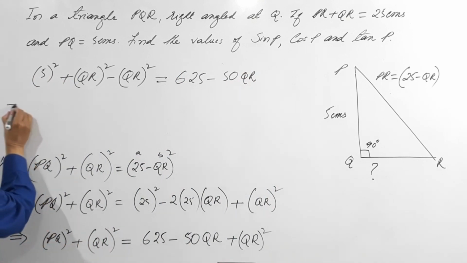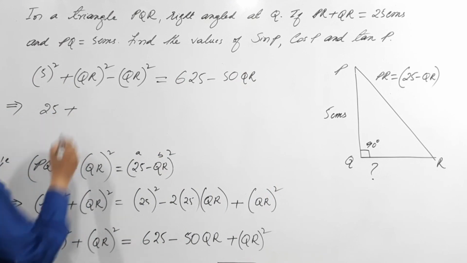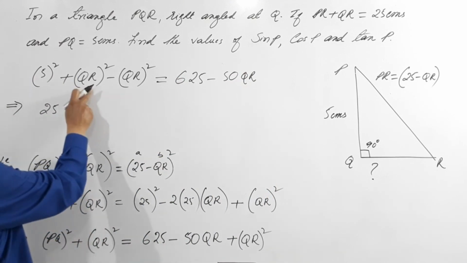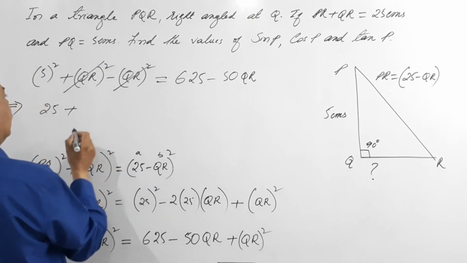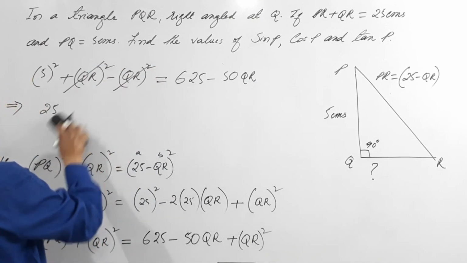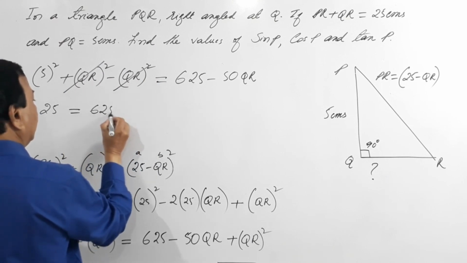So this is equals to how much? 25. So plus QR square minus QR square, it gets cancelled.